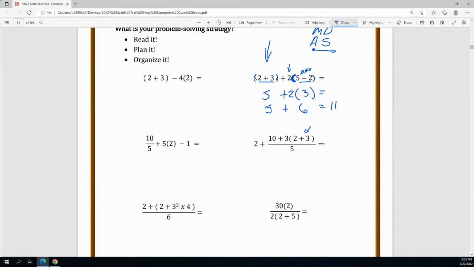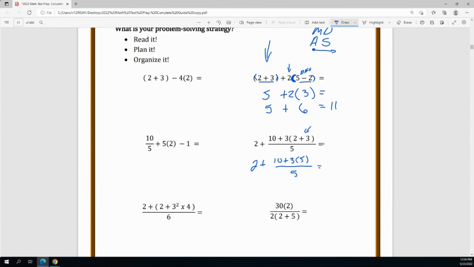And rewriting is so important in algebra, geometry, and other mathematics. And what I mean by rewriting is rewriting the math problem completely, showing changes as they happen. Let me show you. I would rewrite this and say 2 plus 10 plus 3 times 5, all divided by 5.